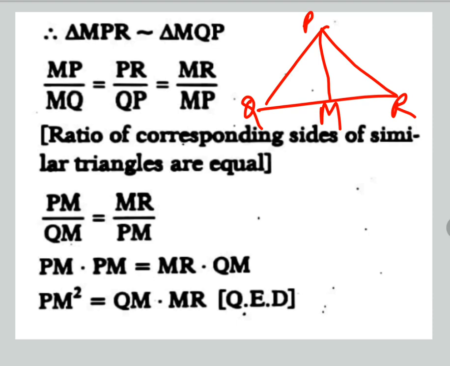So ratios of the corresponding sides of similar triangles are equal. Then PM by QM is equal to MR by PM. Now take this PM to the right side: PM into PM is equal to MR into QM. So PM square is equal to QM into MR.